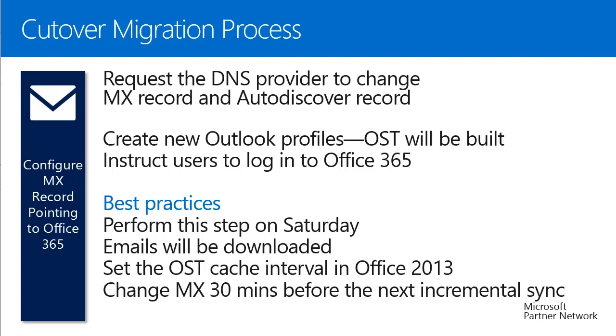Let me also mention one more issue: the incremental synchronization happens once every 24 hours. So to make sure we cause the least outage for the actual users, the best practice is to change the MX record not too long before the incremental synchronization.